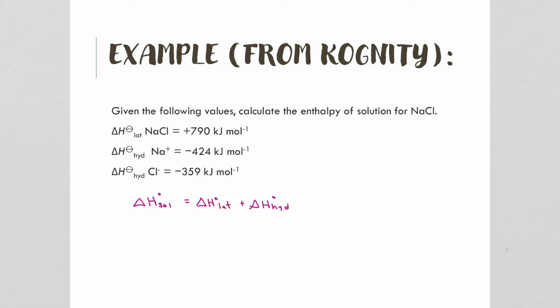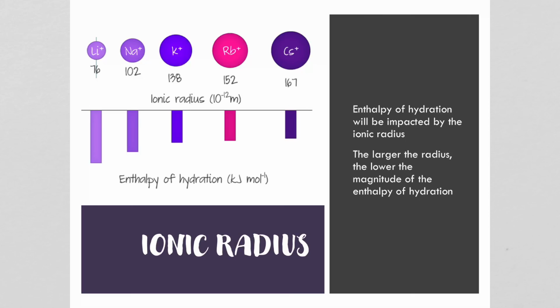But remember, we have two enthalpies of hydration. So it's going to be equal to 790 plus negative 424 plus negative 359. That is equal to plus 7 kilojoules per mole. As you can see, it is positive, but the value is very small, so this still would be soluble.